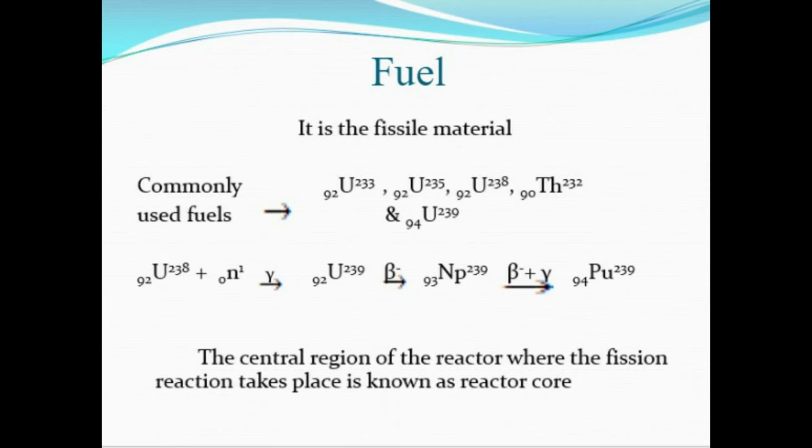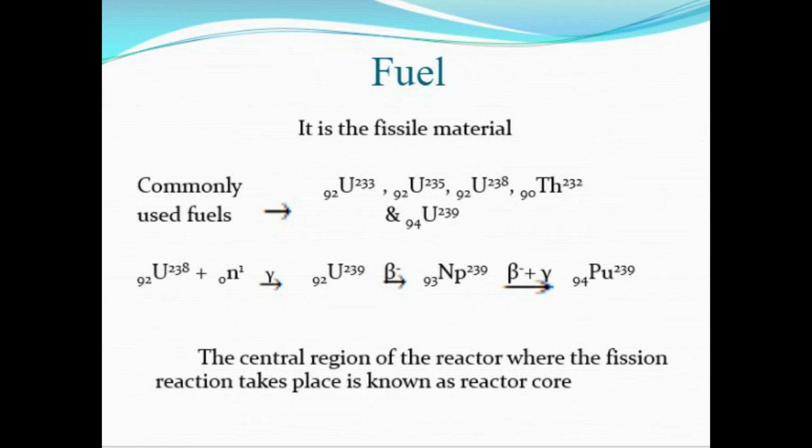Plutonium-239 can be obtained from uranium-238 through the absorption of neutrons according to the decay scheme given in this slide. Uranium-238 captures one neutron to form uranium-239.